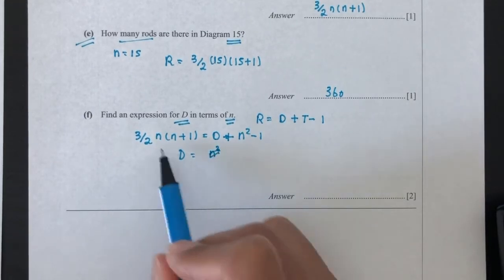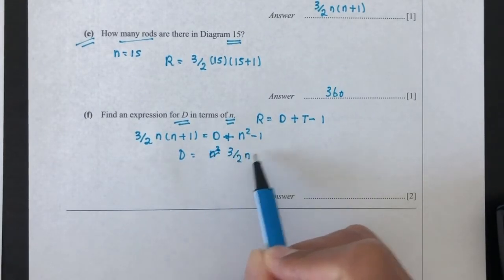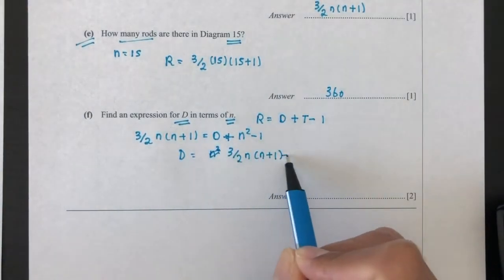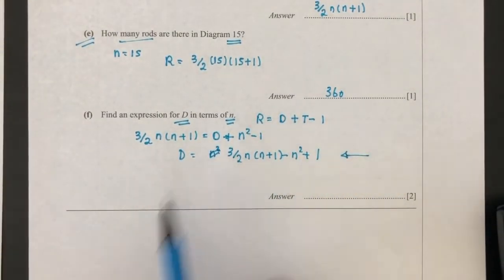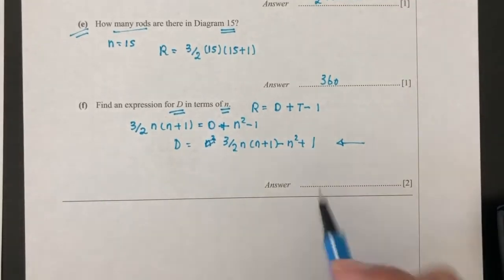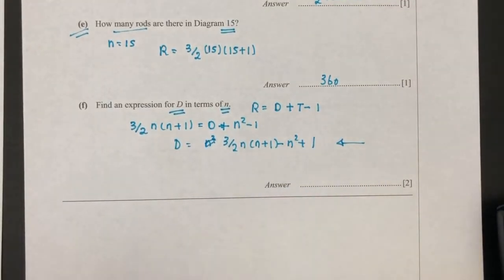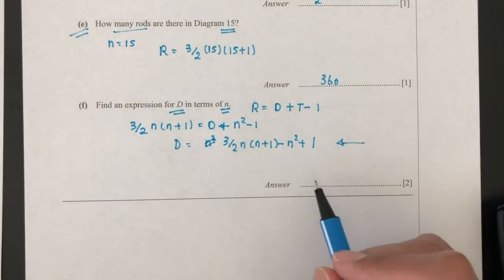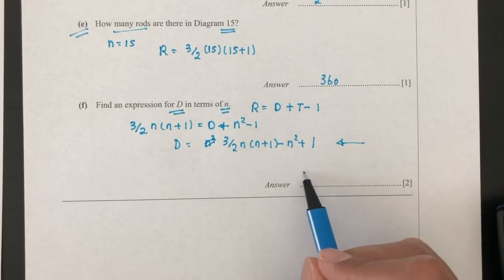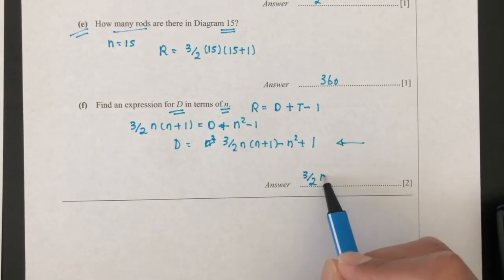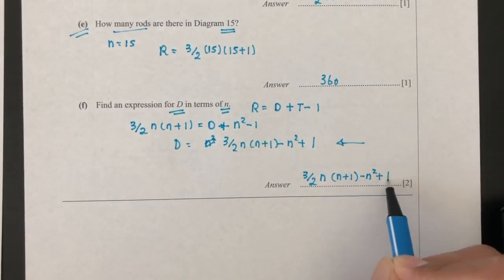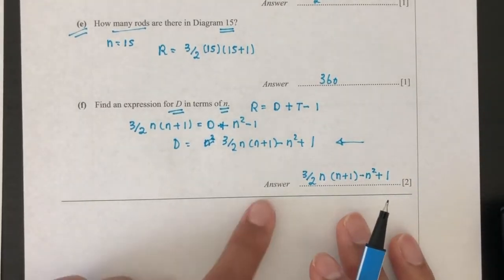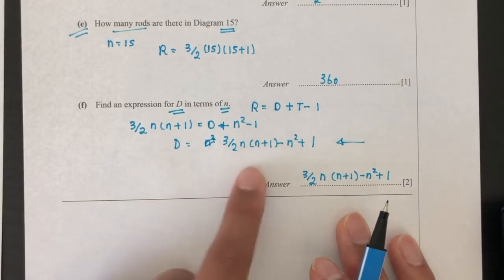It will become 3 over 2 n times n plus 1 minus n squared plus 1. So that will be your expression for D. You can factorize if you want to, but you don't need to do that. This will be your answer, the term in terms of n.